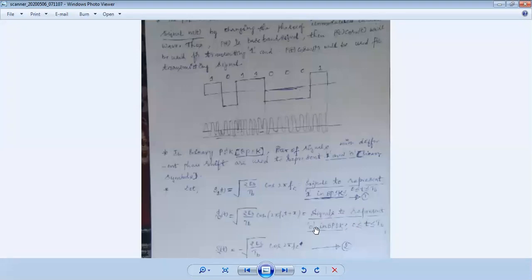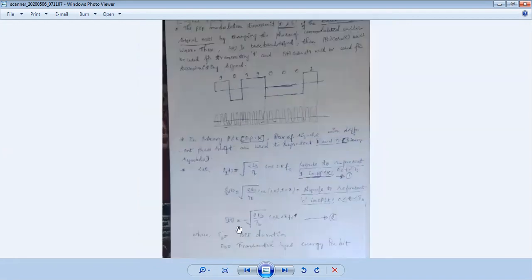This signal is used to represent 0 in BPSK. In BPSK, we use different phases of the carrier wave when transitioning from 1 to 0. So cos 2 pi fc t for 1, and the other one is the opposite: for the transition to 0, the phase shifts by 180 degrees. If the phase of the signal has changed, that means we are changing between 1 and 0.